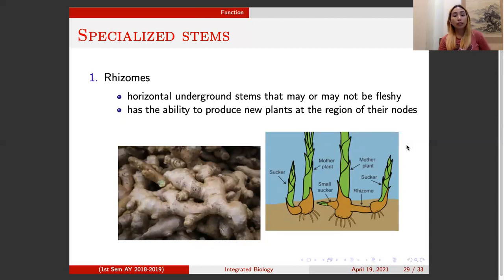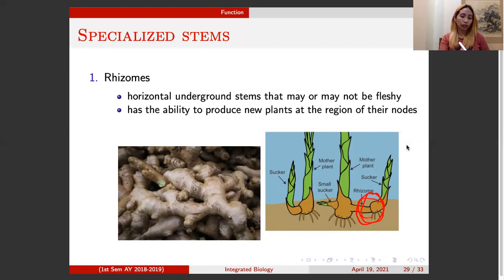They have the ability to produce new plants in the regions of their node. So a very good example of rhizomes would be ginger, right? Or turmeric, like that. Yeah, makita nyo. And here I am showing you, right, how rhizomes are giving rise to new plants, right, at the region of their node. Roots. Ayan.